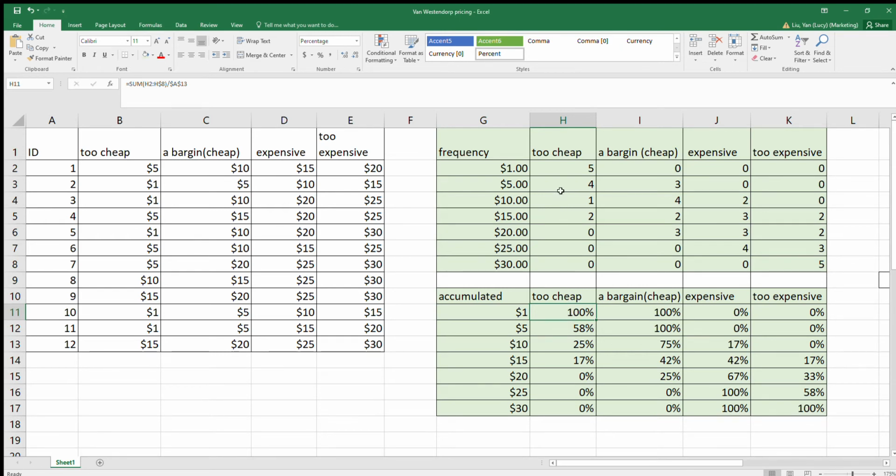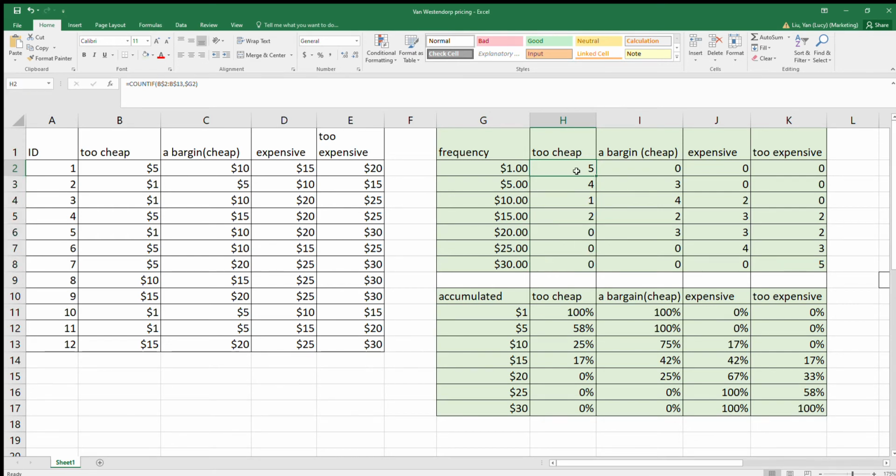Why? At $1, we know we have 5 people who think it is too cheap, but everybody else thinks even a higher price is too cheap. If I think $5 is too cheap, of course I will think $1 is too cheap, because $1 is even cheaper than $5. So that is why you really need to do a cumulative calculation here.